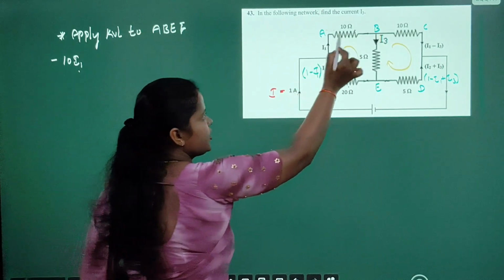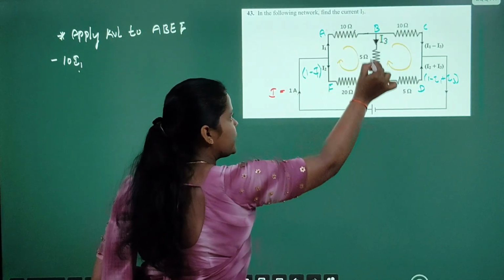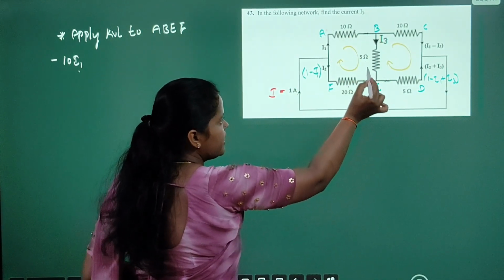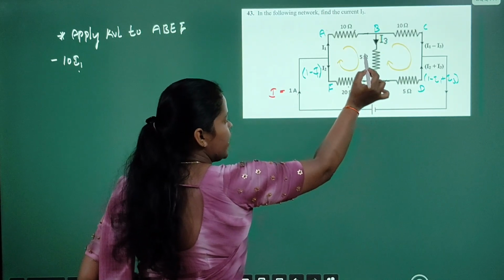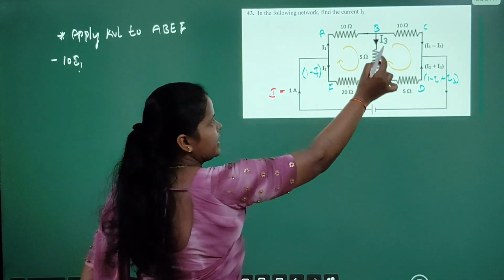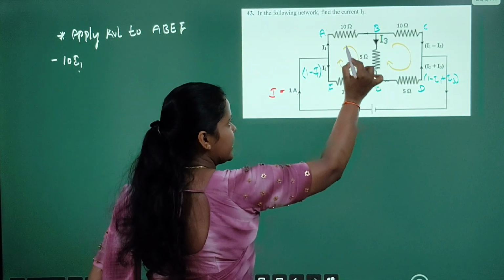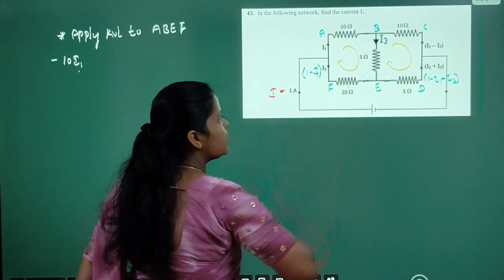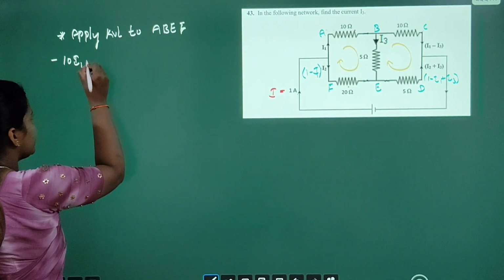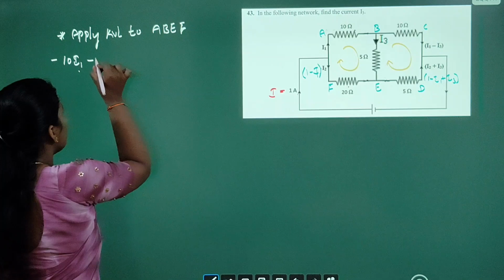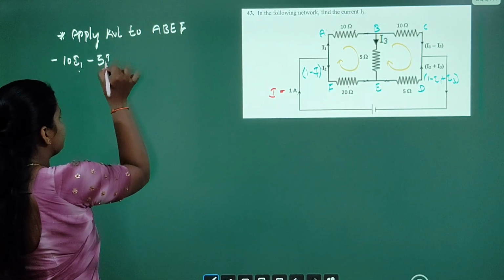Okay, if we take this branch, current and resistance, what will come? Here the 5 ohm resistance and the I3 current. This I3 is in exactly the same direction as the loop direction, so we take the negative sign, minus 5 I3.